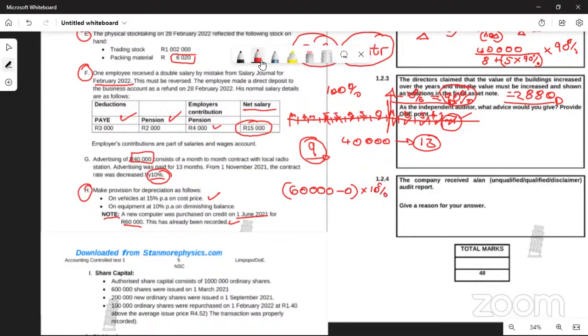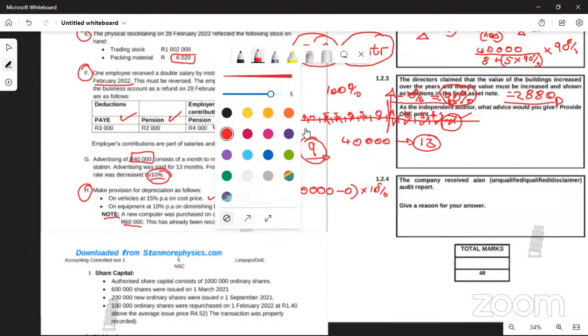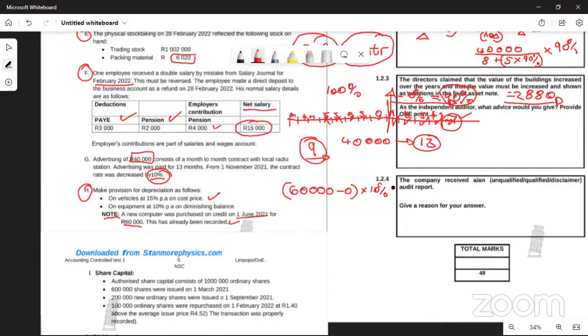Then we multiply by the months, 9 out of 12. So we are going to get 4,500. This we now call depreciation number 2.